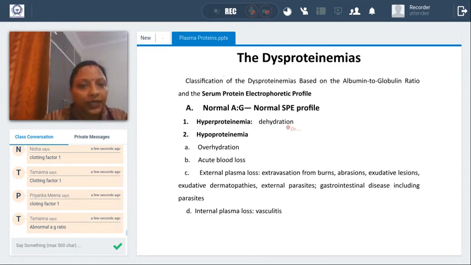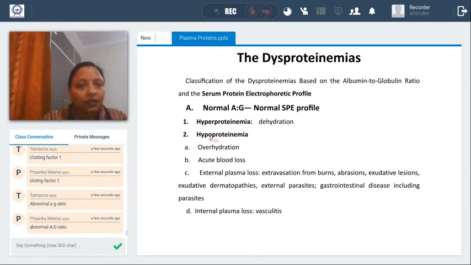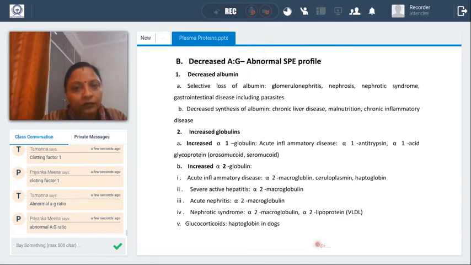Okay, so in the case of normal AG, you can see the AG ratio doesn't change, so hyperproteinemia in the condition of dehydration, hypoproteinemia, overhydration, acute blood loss. And in the case of abnormal, you can see here decreased and increased AG ratio.